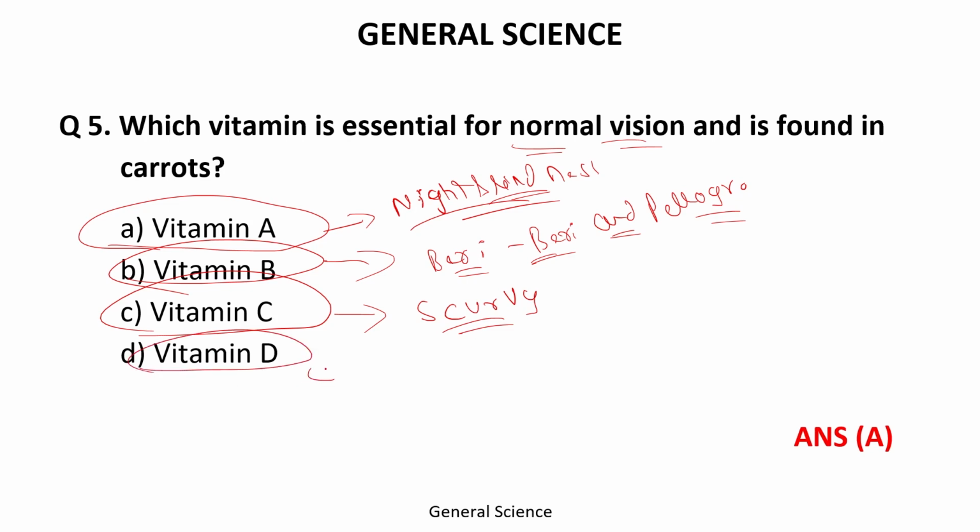And if we talk about the vitamin D, if someone has the deficiency of vitamin D, he will be suffering the disease of osteoporosis, which is also known for broken bones. Okay, so remember these details: vitamin A for night blindness, vitamin B for beriberi and pellagra, vitamin C for scurvy, vitamin D for osteoporosis or the broken bones.